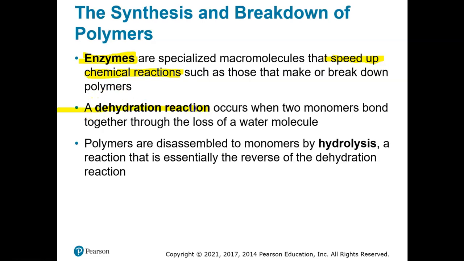One is a synthesis reaction or a dehydration reaction, and the other one is a breakdown reaction called hydrolysis. When 2 monomers are joined together to form a larger molecule, that's a dehydration synthesis reaction. And when polymers are broken down, that is a hydrolysis reaction.